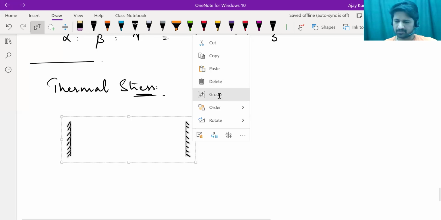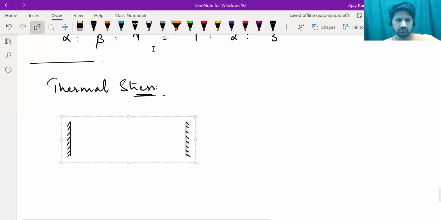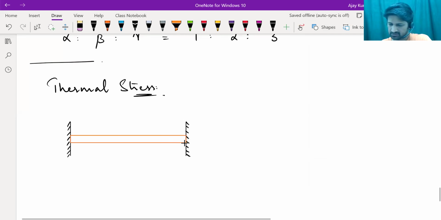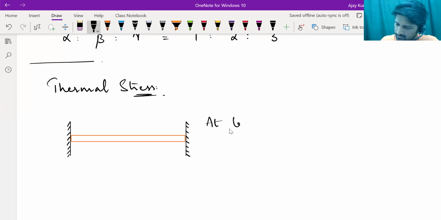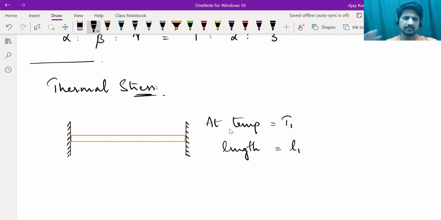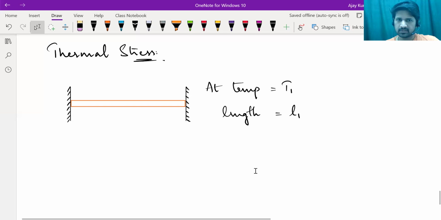Let's say it exactly fits at a particular temperature, it exactly fits between these two. Some long cylindrical object, let us imagine. You can think of it as a rod also. So at temperature equal to, let's say, T1, let's say the length of the object is L1. That's the exact distance between these two rigid supports.